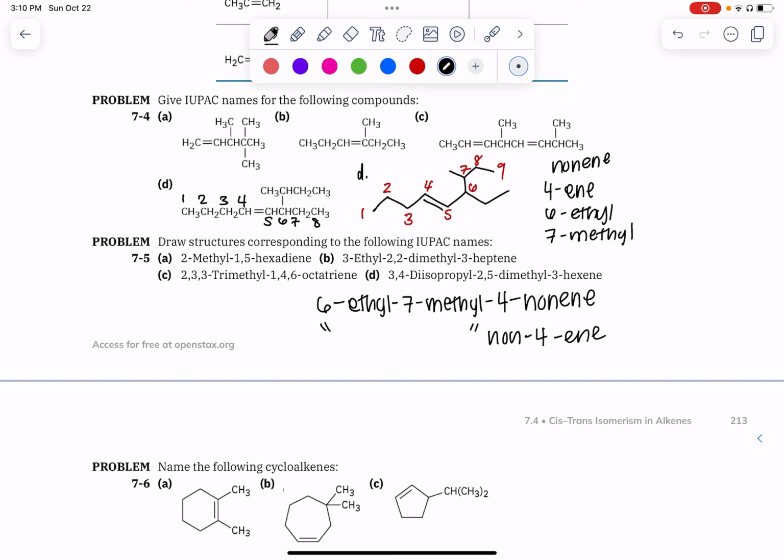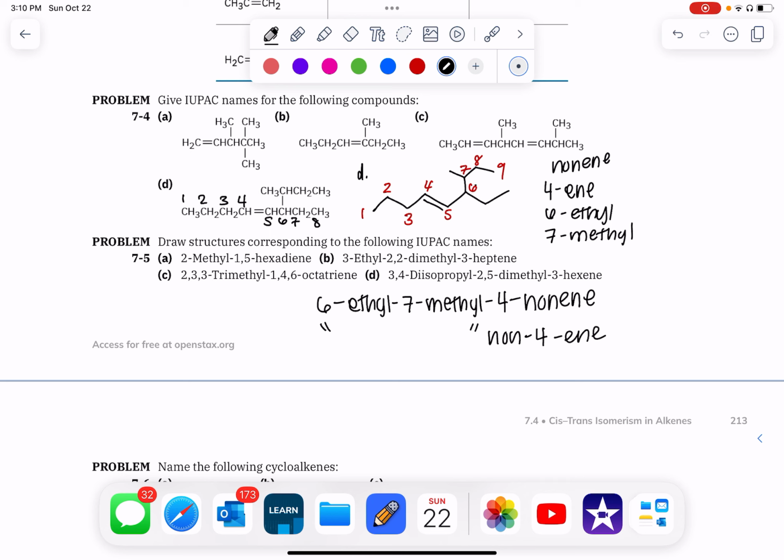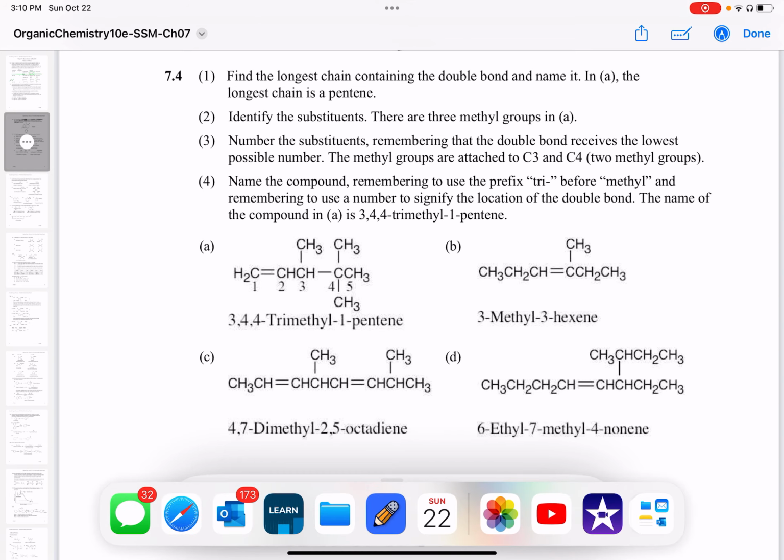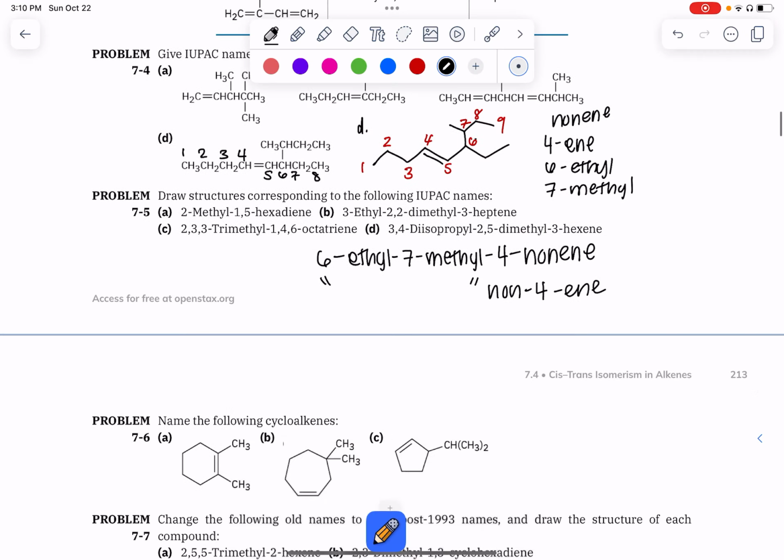However you want to do it. Let me check my work, make sure I've got this correct. 6-ethyl, 7-methyl, 4-nonene. They have 6-ethyl, 7-methyl, 4-nonene. So we're in business there. So that's a little bit on naming.